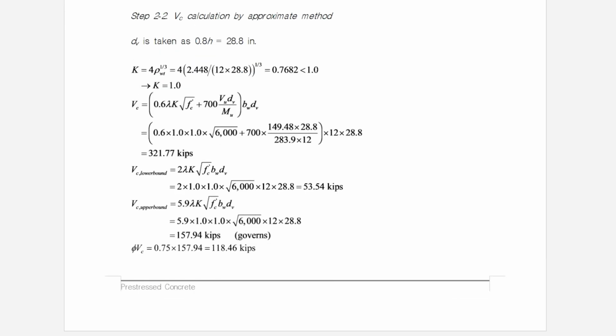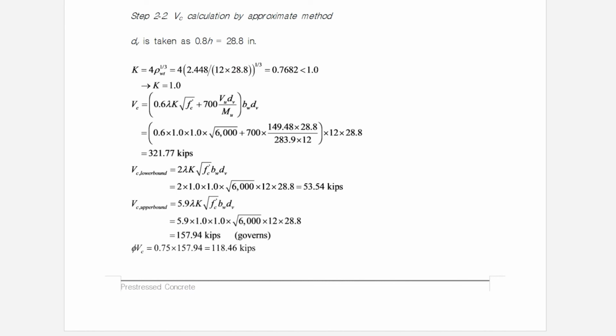In the approximate method, dv is simply taken as 80% of h, 28.8. k is calculated, but it's smaller than 1, so it's taken as 1. Everything else is quite straightforward. Lambda is 1, k is 1, 6,000 psi concrete strength. Vu is calculated, Mu is calculated, dv is 28.8.